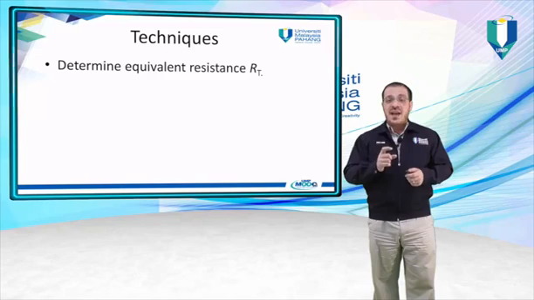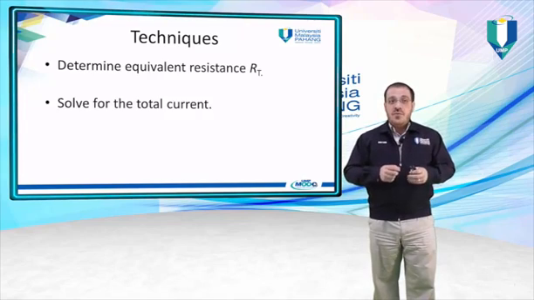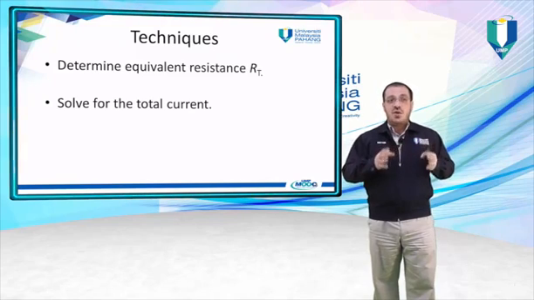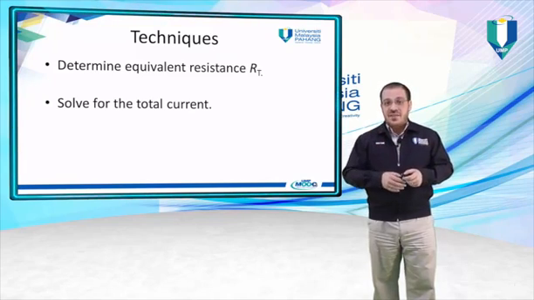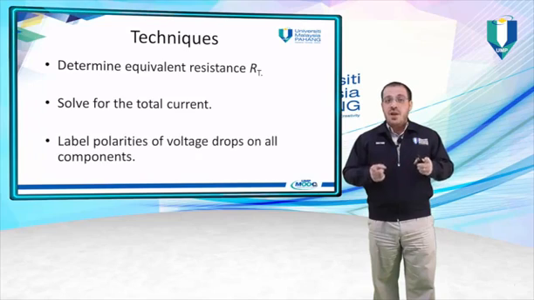Why? Because using RT we will find I and V, the components of electricity, using Ohm's law. After finding RT, you need to solve the total current. Then label the polarities of voltage drops on all components.